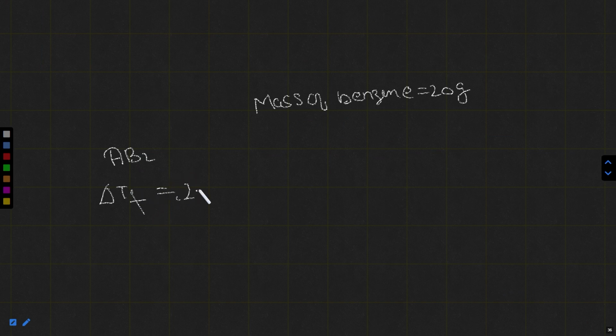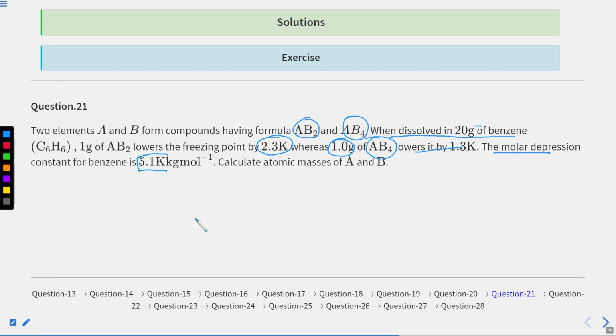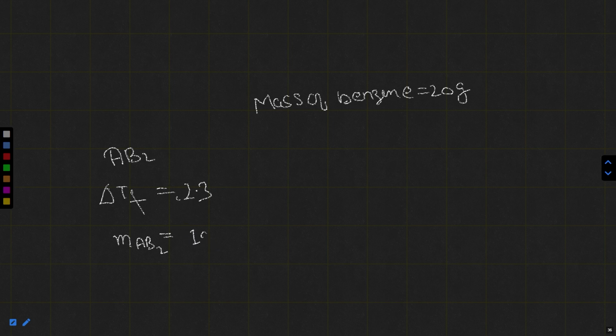And what else is given? The mass of AB2 that is being dissolved is given as 1 gram. Then mass of AB4 is also 1 gram, but the lowering is 1.3. So for AB4, the delta Tf is 1.3 and the mass that is being dissolved is 1 gram here also.